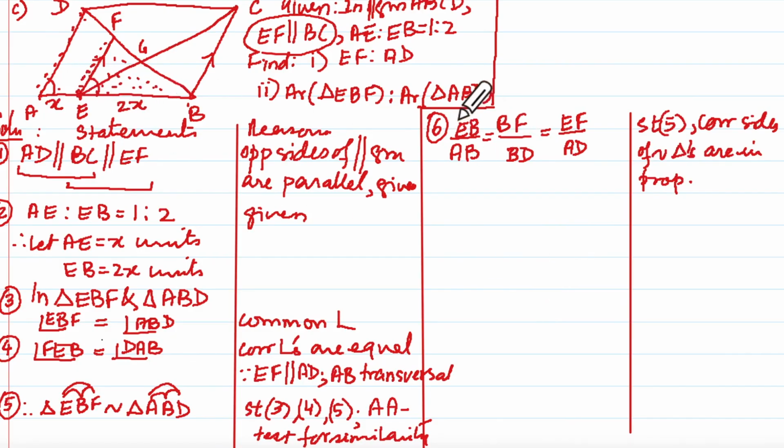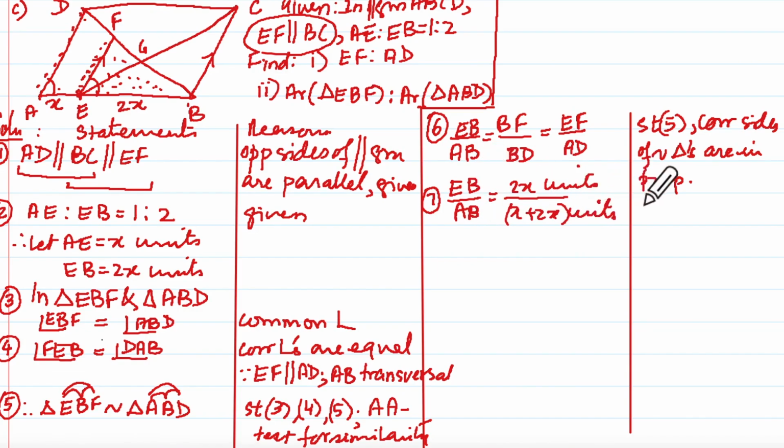Okay, now AE upon AB. Can you see this? No, this is BE upon EB. Can you see this one? So you will say that EB upon AB, this will be statement 7, is equal to EB means 2x units and AB means x plus 2x units.